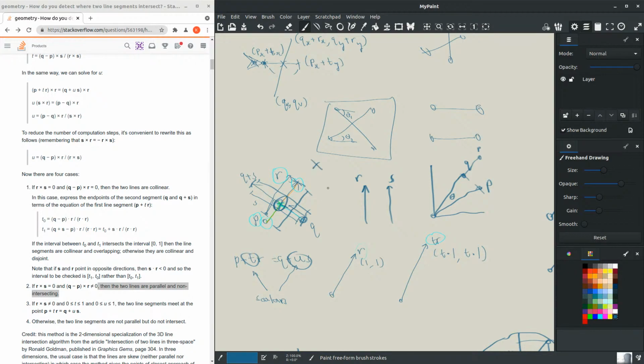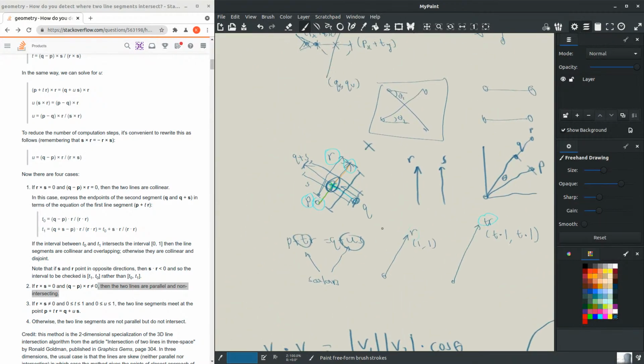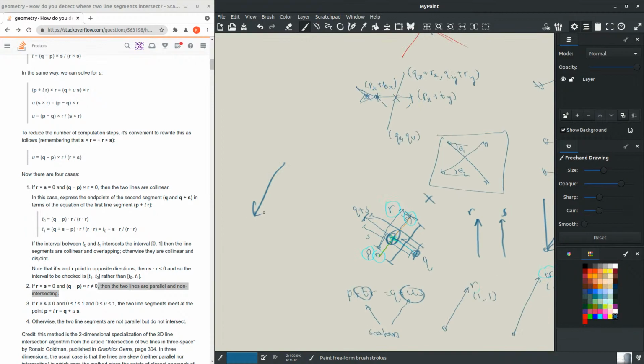So if we just want to compare between a line and a line segment, so something which goes off to infinity and a vector here, which we define kind of by two things, then for example, if this is our P and this is our R, or P plus R, and this is our Q, and this is our Q plus S. I'm actually going to make this a touch smaller here.